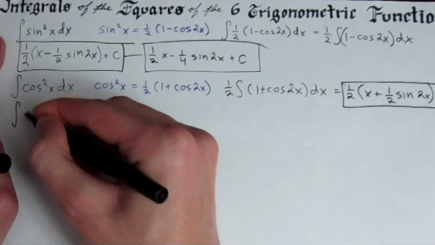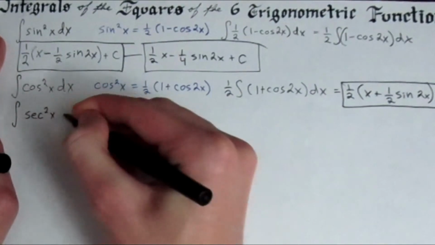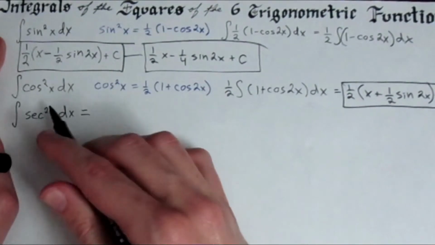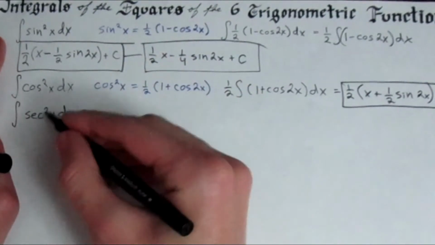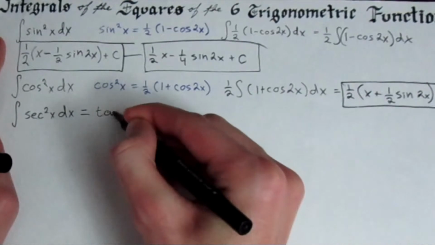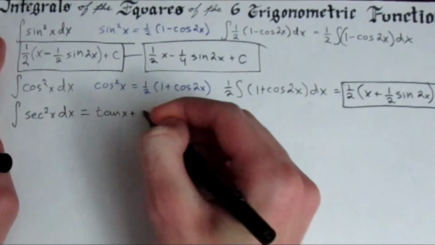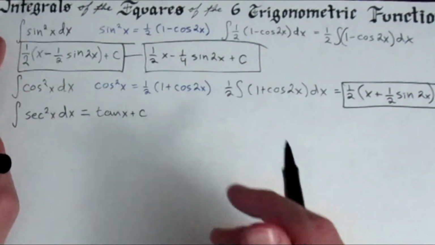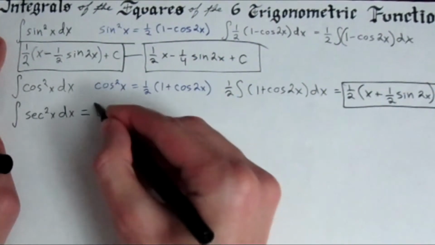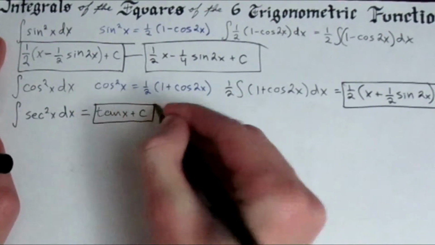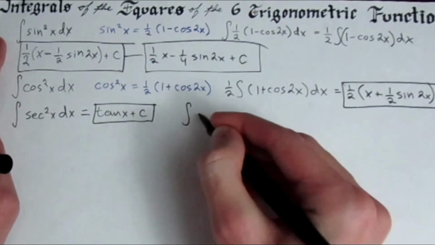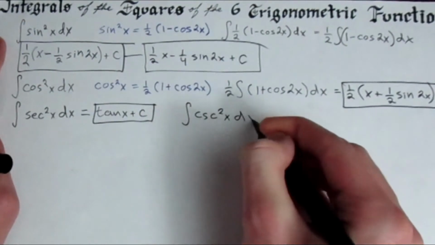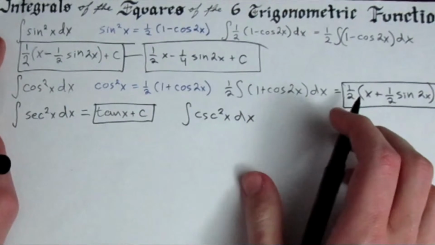Now let's do secant and cosecant, which should be very easy. The integral of secant squared x dx: what's the derivative of tangent? It is secant squared. So the integral of secant squared is tangent. That is the relation between derivatives and integrals. Then the integral of cosecant squared x dx is similar.